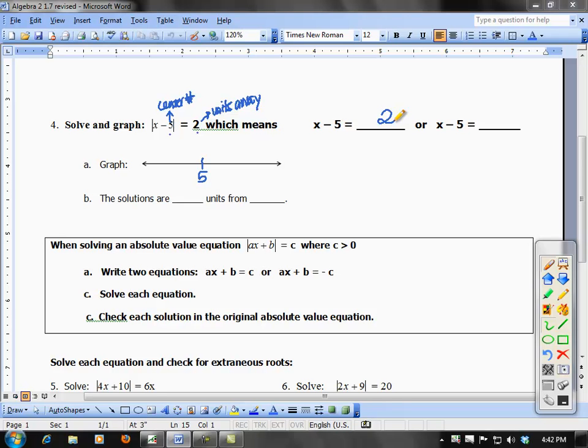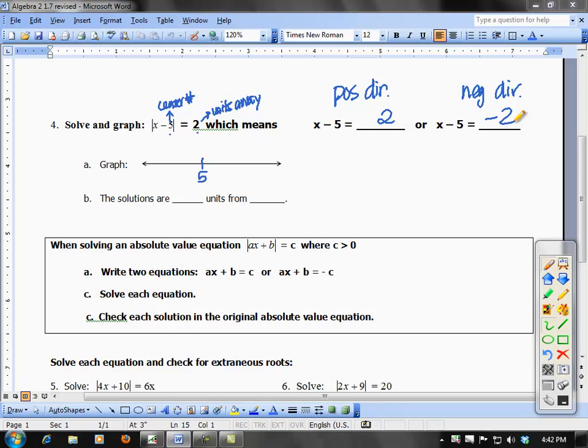But I also could go 2 in the negative direction. That means I need it to equal -2. And so what we're going to do when we're solving an equation is we're going to look in both directions. We're going to drop the absolute value, because when I drop the absolute value, I can make 2 equations that account for both possibilities, because we know absolute values have to have 2 possibilities.